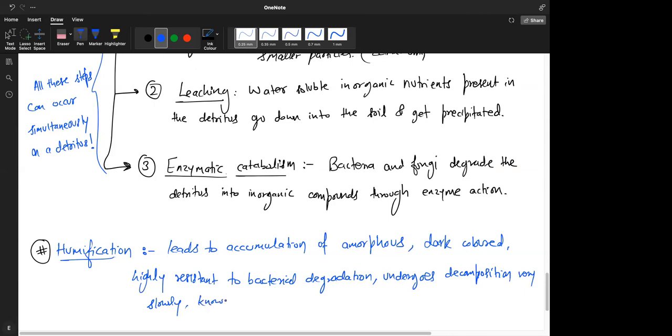And this substance is known as humus. So if this starts getting accumulated in soil, it's called humification of soil.